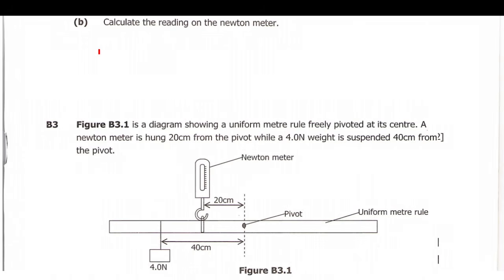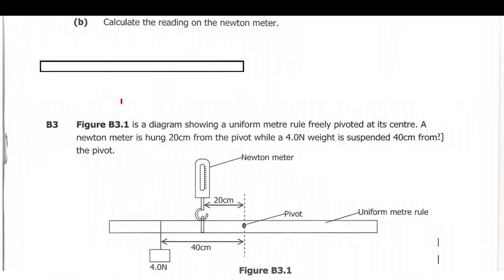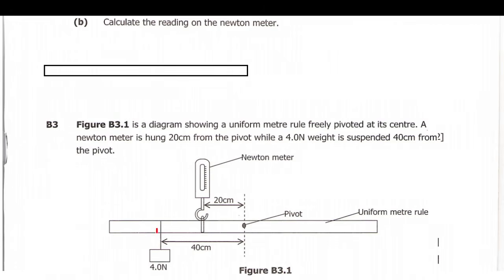So we have to draw a free body diagram here that we analyze properly. This is the meter rule, which is pivoted here on its center. Then we represent the force in the Newton meter, which is pulling it upward here, as F1. We also represent the distance of F1 from the pivot, this is the pivot, as D1.